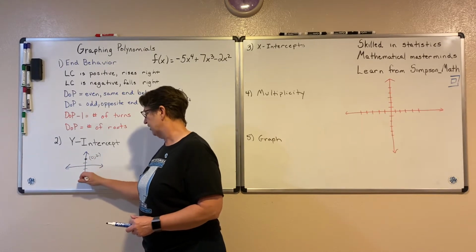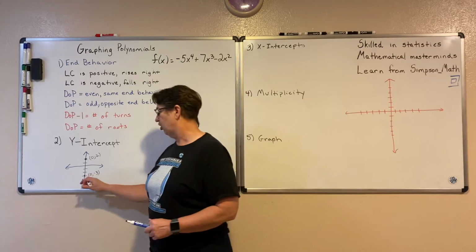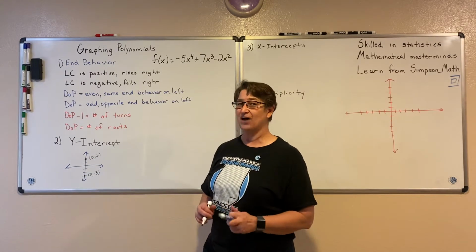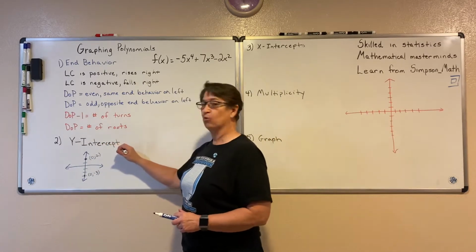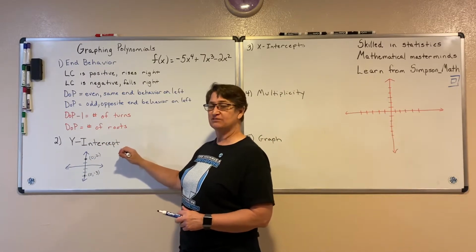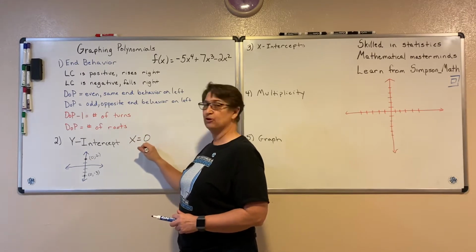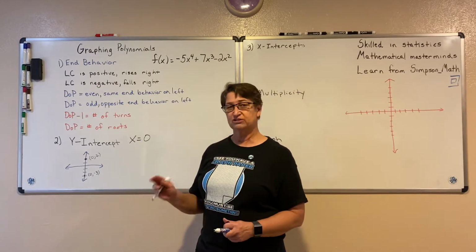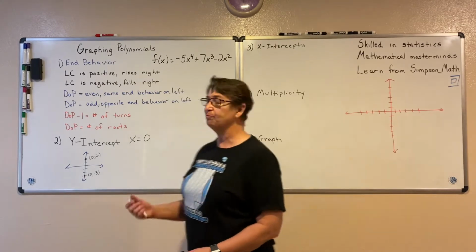This point down here is at (0, -3). Notice that wherever I put a point on this y-axis, my x value is equal to 0. So when we find the y-intercept, every single time we're going to substitute in 0 for x. That's how we're going to find that y-intercept. We're just going to substitute in 0 for x and find our y value.